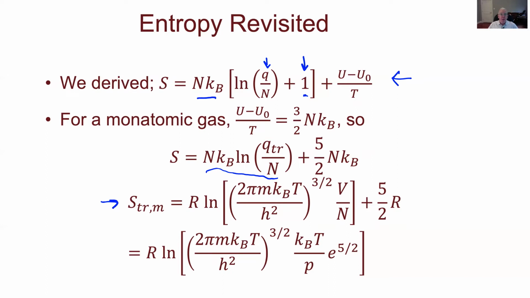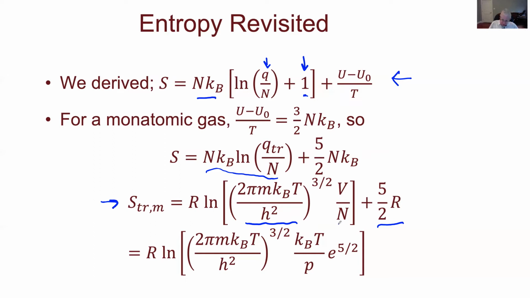So now I have R times the natural log of the partition function piece, which becomes this, where that just says we've put in the expression we usually use. And then out here, I've got 5/2 R because I had 5/2 N times Boltzmann's constant, and again, I set N there equal to 1 mole. So I get to do that, right?